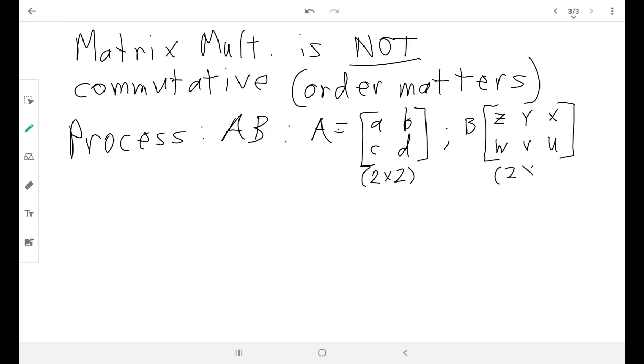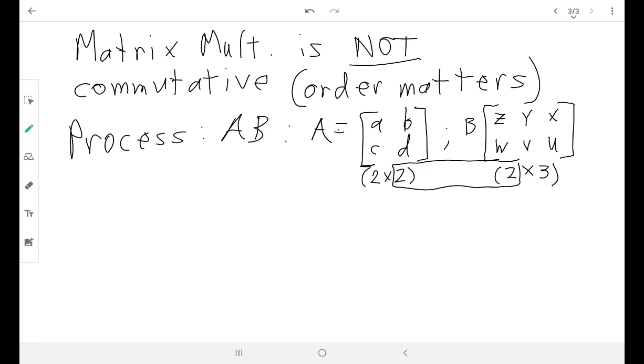So notice right away that it is possible to multiply them in the order A times B, but if we tried to do B times A, that would not be possible.